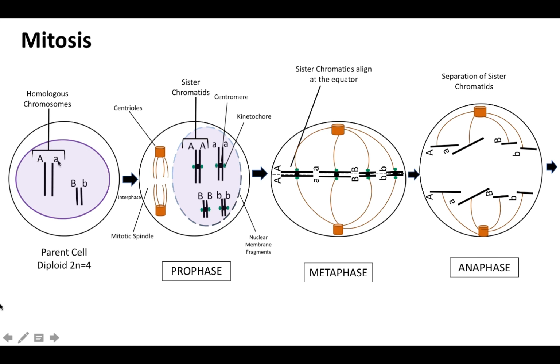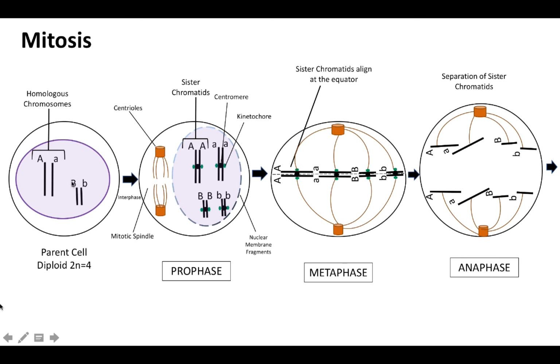This indicates they're the same size and shape, and they have the same information, the same letters. Therefore, they are homologous chromosomes. They are a pair. This is another pair of homologous chromosomes that are a little shorter, the same size and shape, with the same genetic information using the letter B.